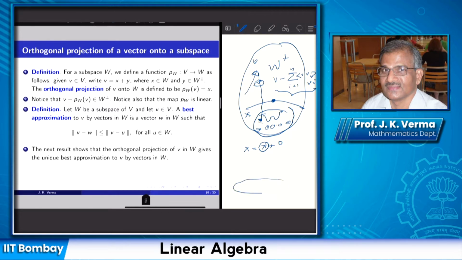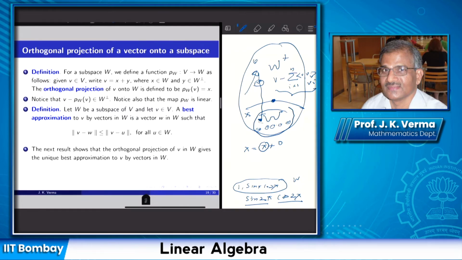So let us take W to be the subspace spanned by 1, sin x, cosine x, sine 2x, cosine 2x. Okay, you can check using the inner product defined in terms of an integral that these 5 functions are linearly independent.